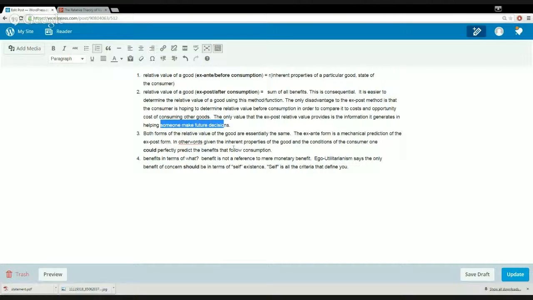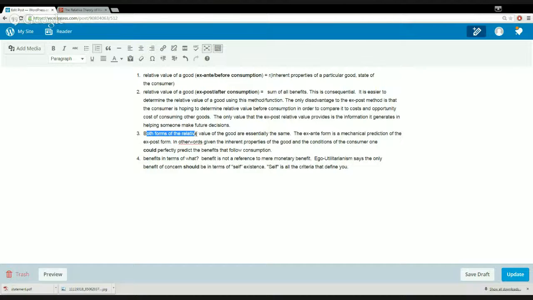So, like, if you mess up, or if you accidentally generate a loss instead of profit, or you can compare two outcomes, like when you consume this good one time and you consume another good for the same purpose at another time. You can kind of use the information to help you make a future similar decision.